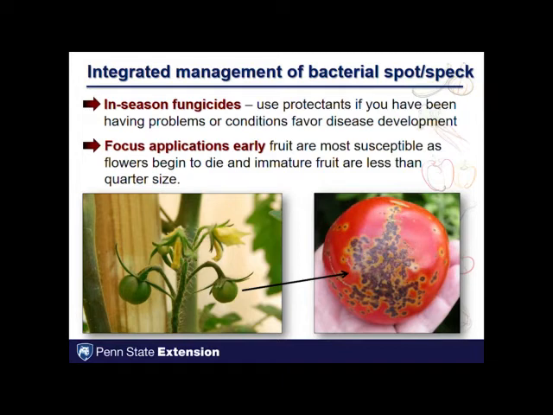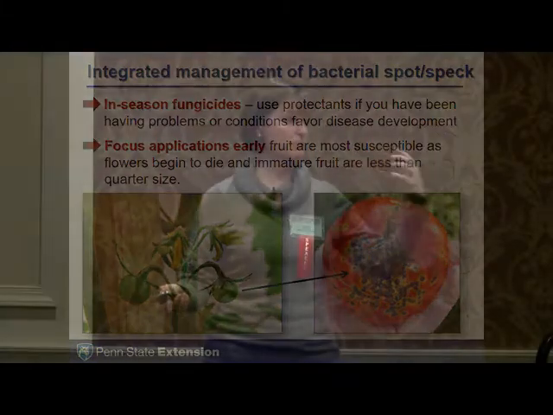So in season, there aren't that many tools, especially once we start to see bacterial diseases develop. Really, for tomatoes, products are most effective when you're protecting those fruit when they're small. They become infected when they're small, and those symptoms become more obvious as the fruit ripen and become larger.